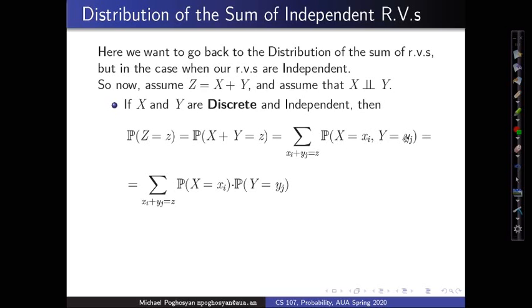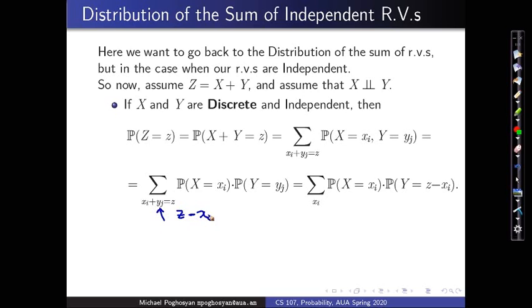This was from our last lectures, nothing new here, but new is the continuation. Because of independence, we can write this joint PMF, joint probability, as a product of individual probabilities. And we can even write it in the following way: I can express yj from here. So yj is z minus xi.